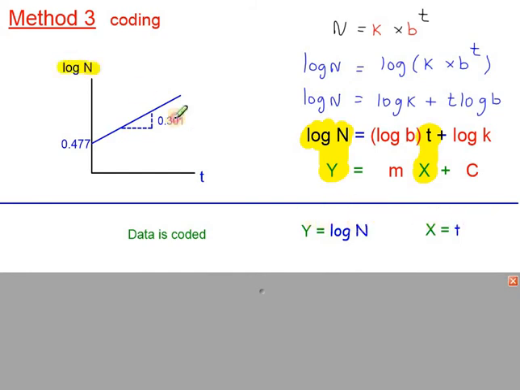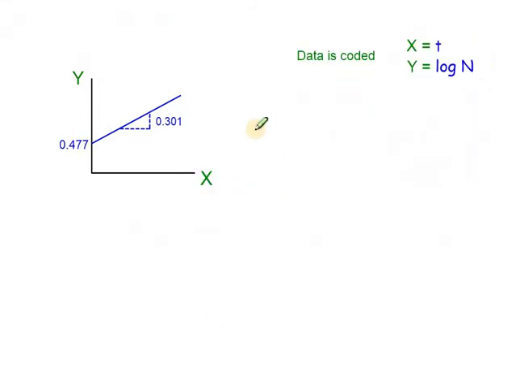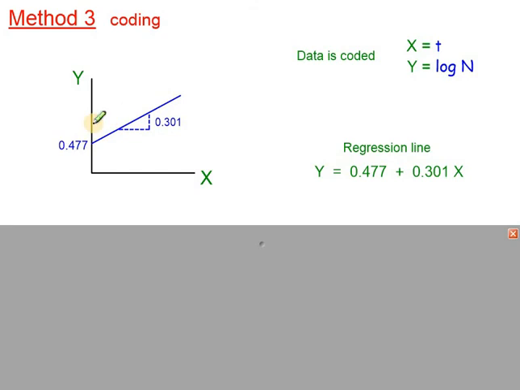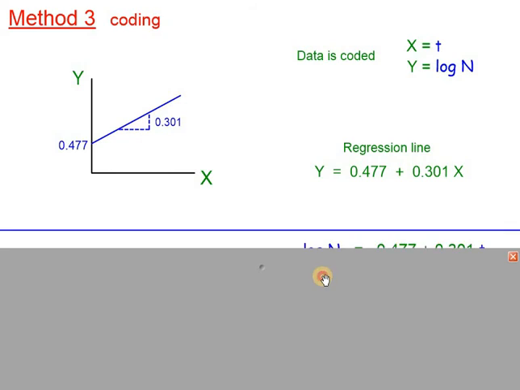So this will be y and this will be x. So we get this. And the intercept and gradient are either given on a graph, or the equation of this regression line is given. This is how method 3 starts. You don't start by taking any logs this time. You're just given the coding and you're given the equation of the regression line.